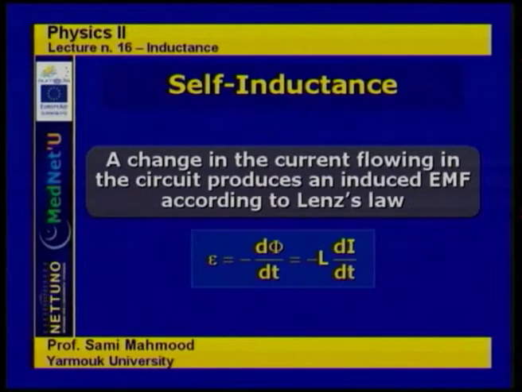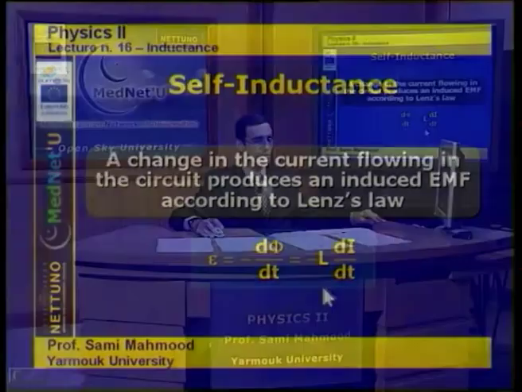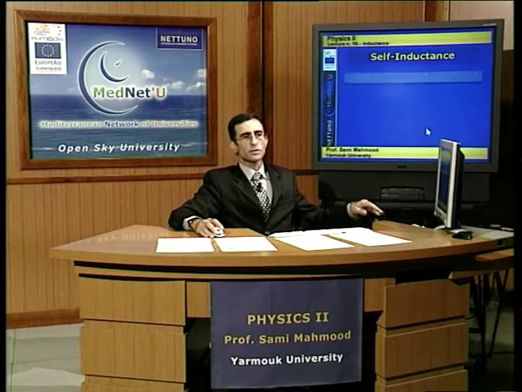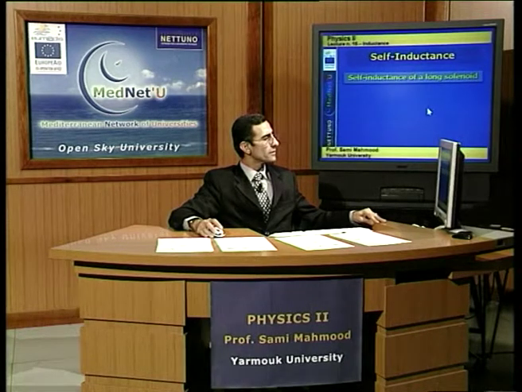Epsilon, the electromotive force in the circuit, is equal to minus d phi by dt, the time derivative of the flux across the circuit, and this is equal to minus L di by dt. This is just by substituting the value of phi in terms of the current flowing in the circuit, from Faraday's law.